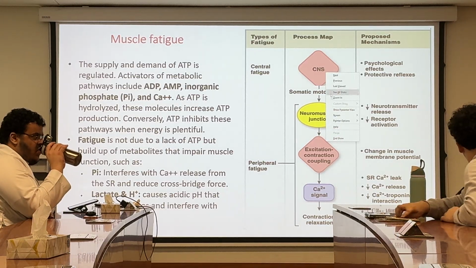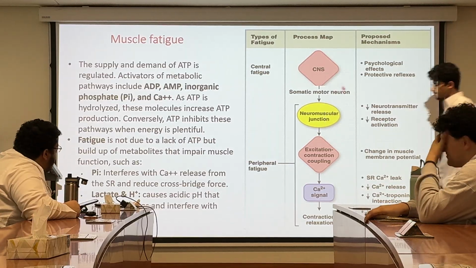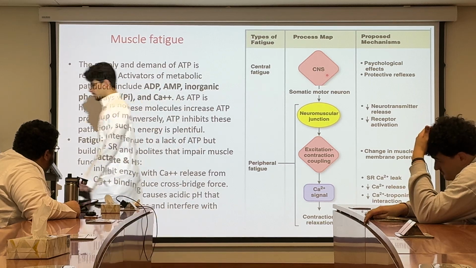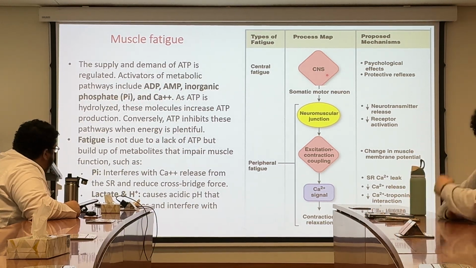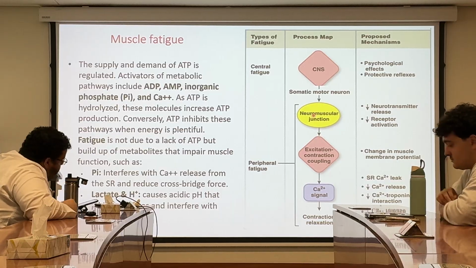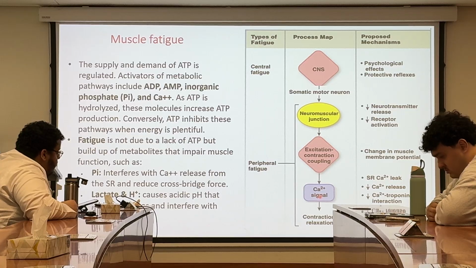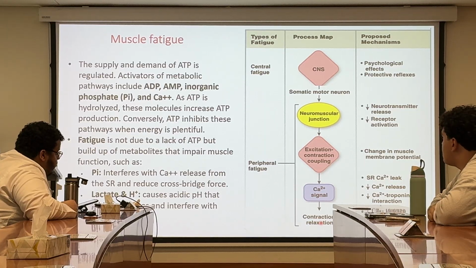Central nervous system: motor cortex will then stimulate the motor neuron. Motor neuron will come to the neuromuscular junction. You get excitation-contraction coupling, and then you get a calcium signal. Eventually you'll get the muscle contracting because of the calcium, and the muscle relaxing because you're pumping the calcium back into the sarcoplasmic reticulum.